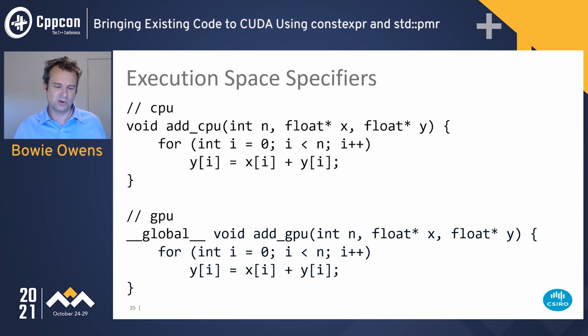So an important detail with all of these specifiers, and we're going to look at two more, is that they control where the function can be called and where it will be executed. And these are quite important details for existing code because you've probably got a substantial amount of work that you've already done.